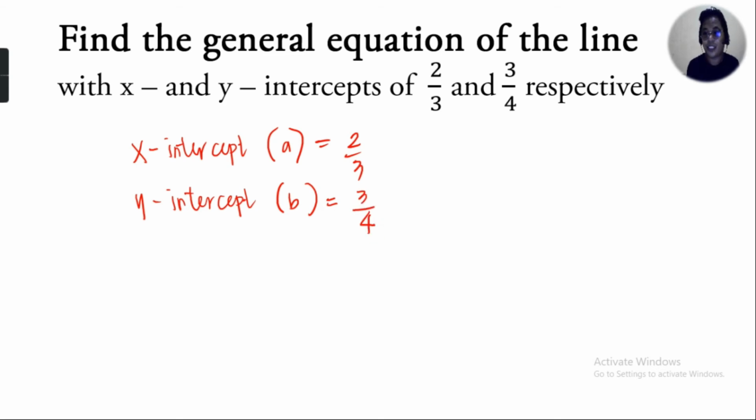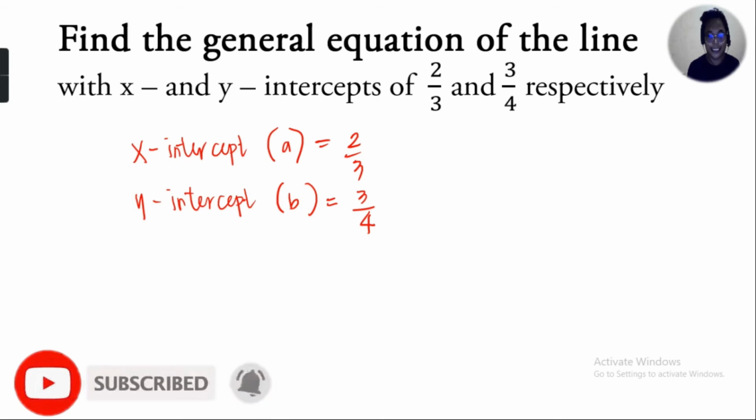So, for the definition of these terms, pag sinabi nating x-intercepts, this is the point where the graph of the line passes through the x-axis. And for y-intercept, this is the point where the graph passes through the y-axis.